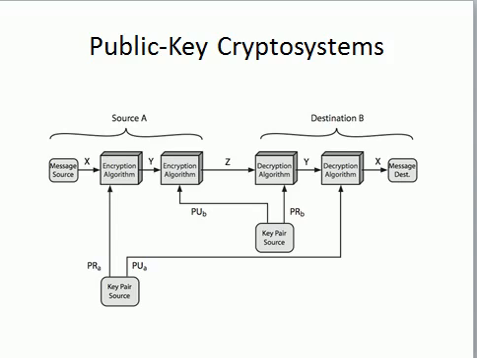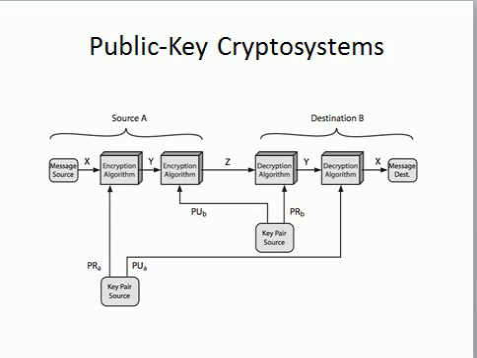In this case, the private key is used for encryption, and the encrypted message is called Y. Next, the encrypted message is further encrypted with the help of the public key, and it is transmitted via the communication channel and reaches the destination side.